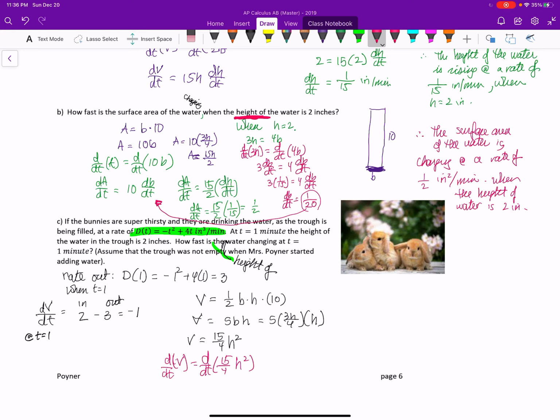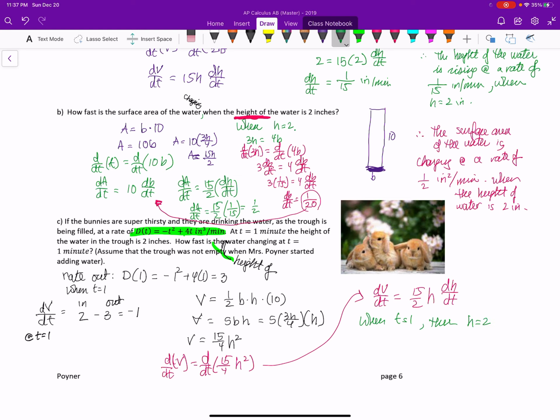So that's going to give me dV/dt is equal to 15/2 H dH/dt. But now when H is equal to 2, or in our case, when t is equal to 1, then you're told H is equal to 2.